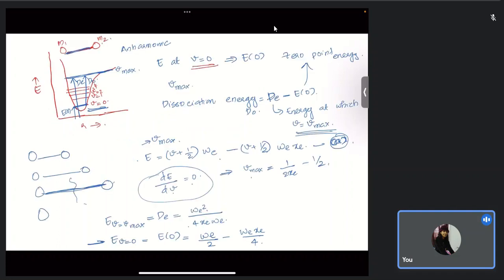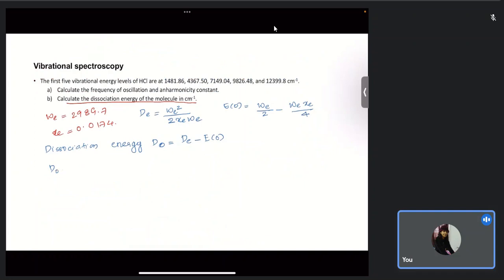How did I get E of 0? Just by substituting V equal to 0 in equation A. So D0 is equal to omega E square divided by 4 omega E xc, minus omega E by 2, minus of minus omega E xc by 4, which is plus omega E xc by 4.